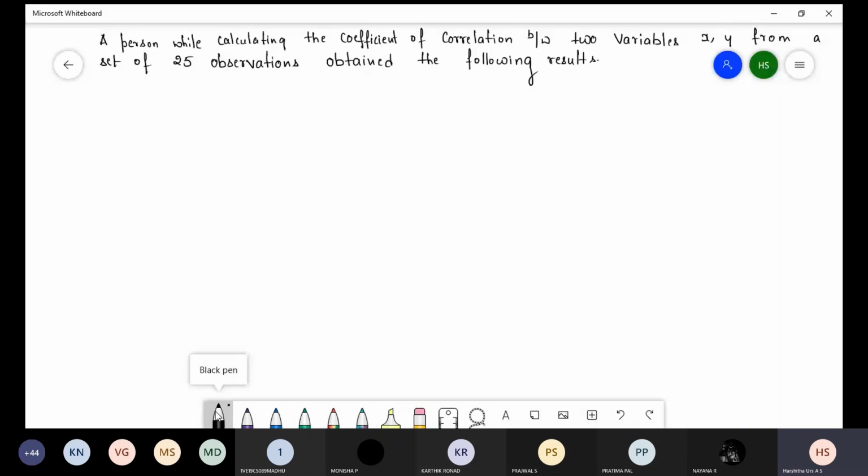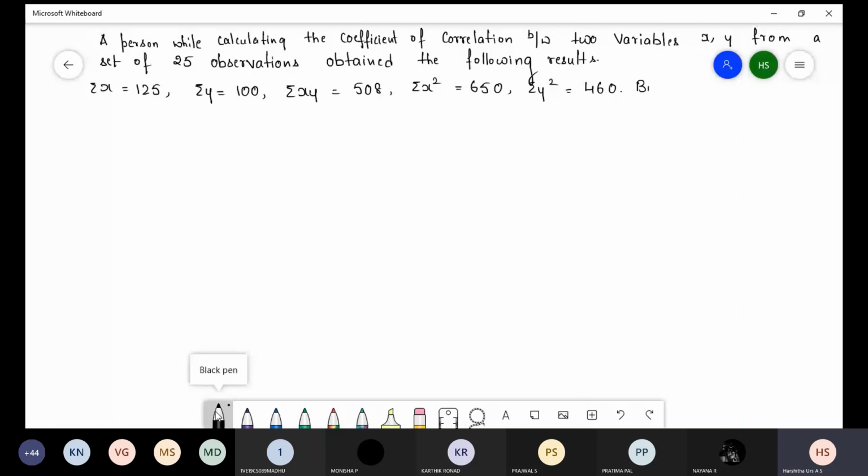Sum of x 125, sum of y 100, sum of x into y 508, sum of x square 650, sum of y square 460.